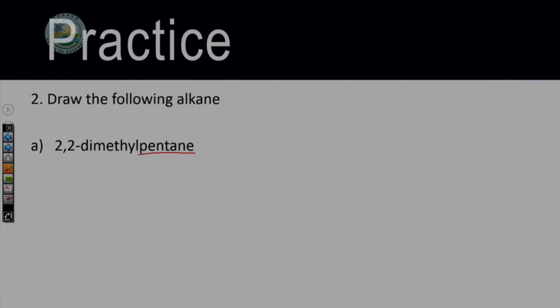So one of the practices that we do, we draw the longest chain first. So pentane, 1, 2, 3, 4, 5 carbons. All right, so we know these carbons are bonded in different ways, bonded by single bonds to other elements. Okay, then we have the branches.